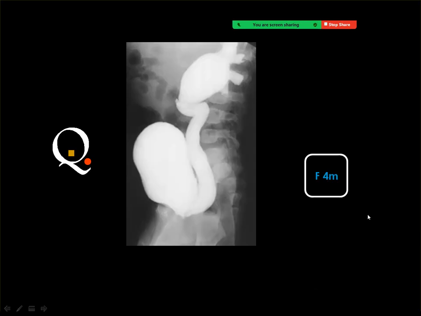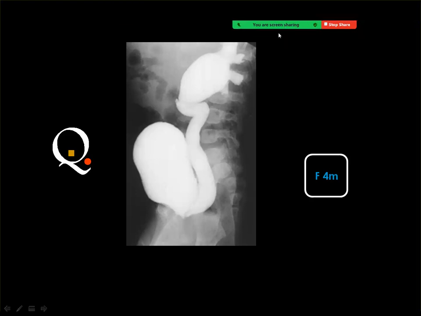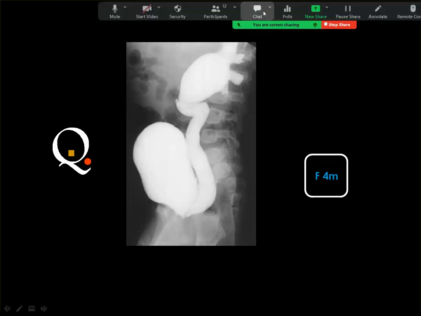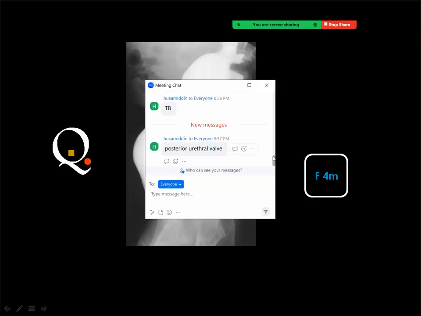Next case is a female infant, 4 months old, with this ascending study. This is female, and posterior urethral valve does not occur in females.